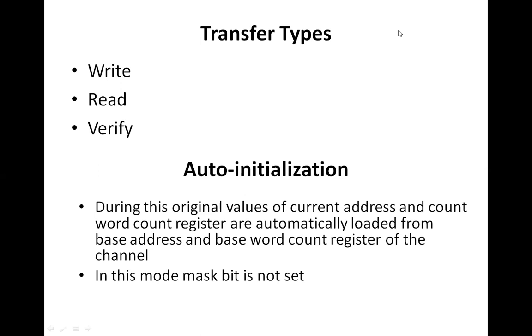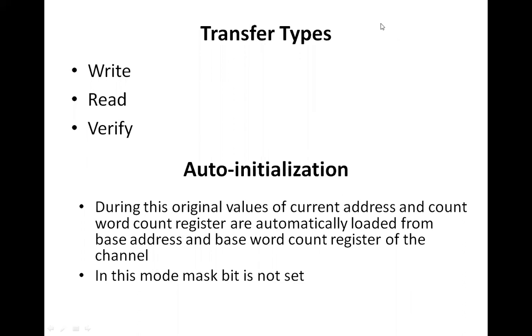Since we have to write to the memory, the memory write signal will be activated, and since we have to read the input output device, the input output read signal will be activated. So the write transfer copies the data from the input output device to the memory by activating the memory write signal as well as the input output read signal.